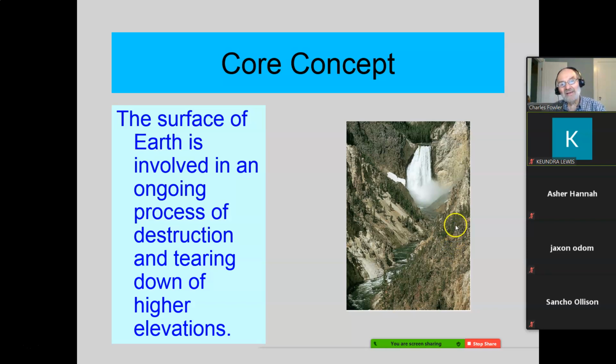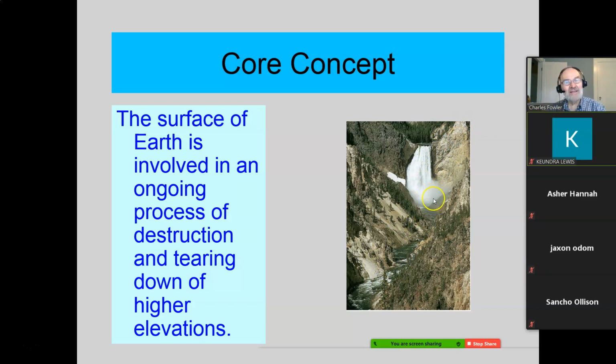That's where the park got its name, Yellowstone National Park. The rock is sort of a yellowish kind of tint on this side of the Yellowstone River there. Now, this river has been eating through that rock for millennia.